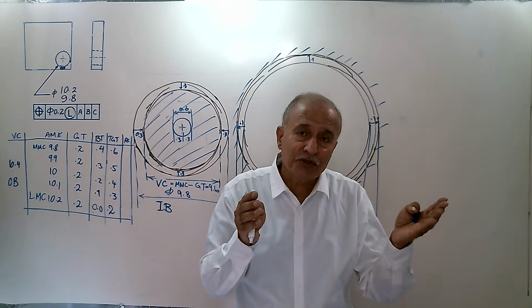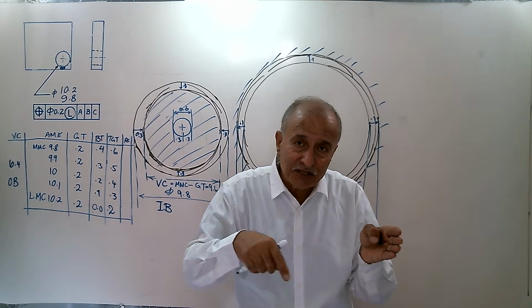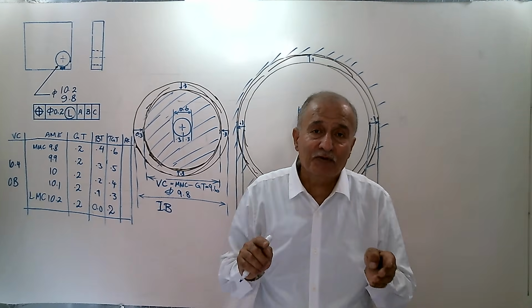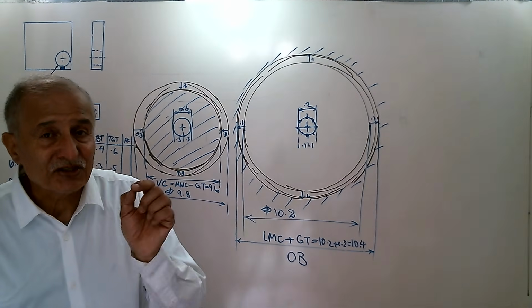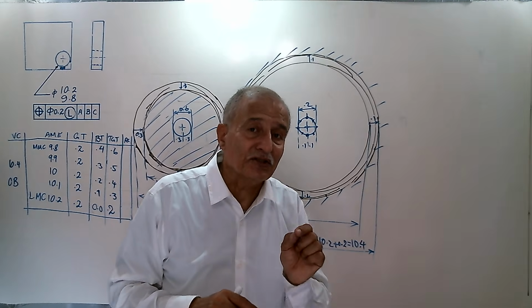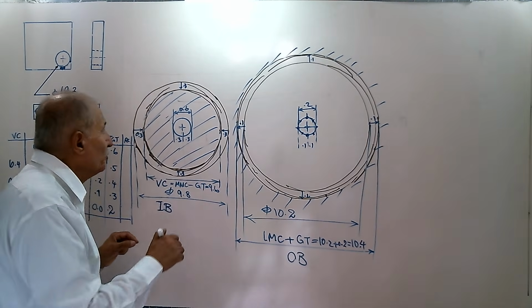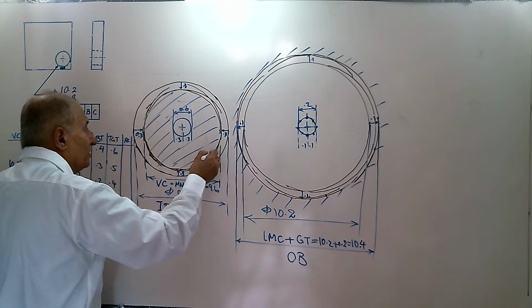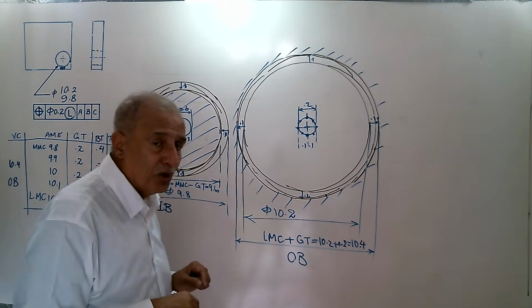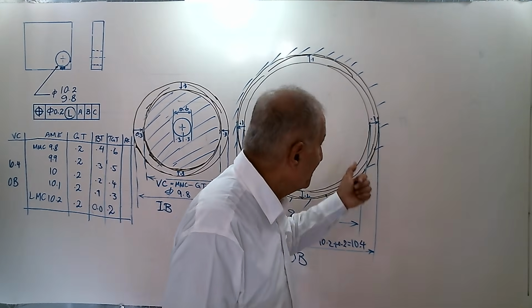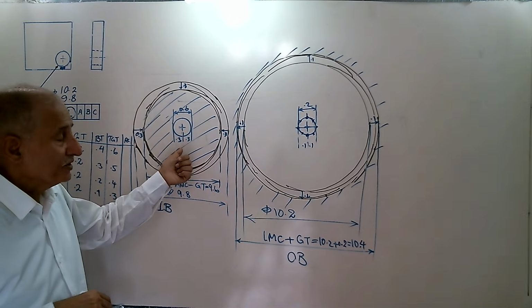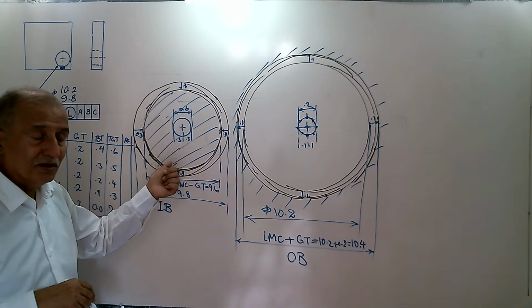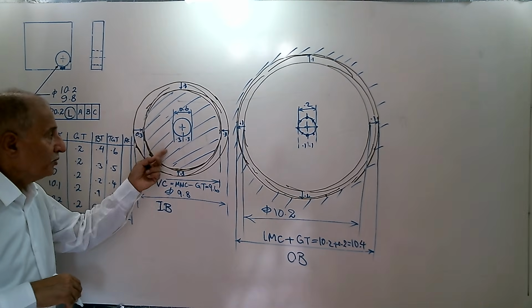For another part, 0.3 to the right. If you inscribe a circle between all internal points, the largest circle that you can inscribe in this case is the inner border of the part. The largest inscribed circle. Here is the smallest circumscribed circle. Here is the largest inscribed circle. This is the inner boundary.